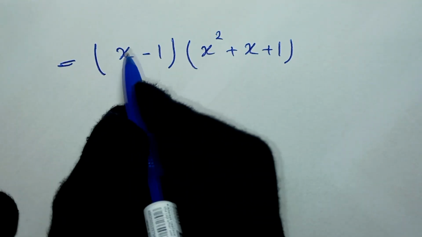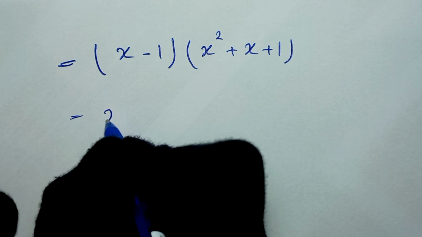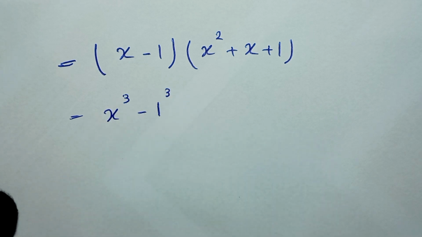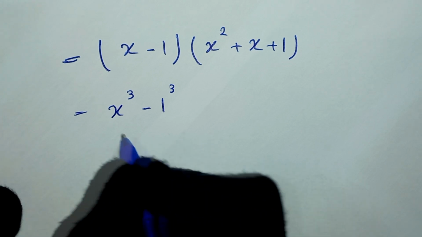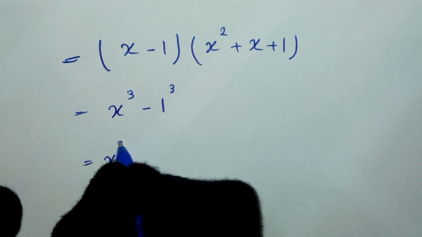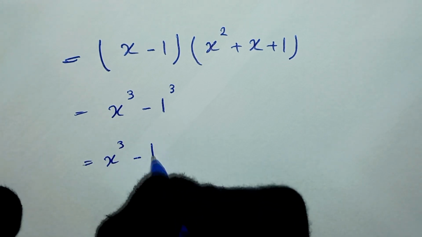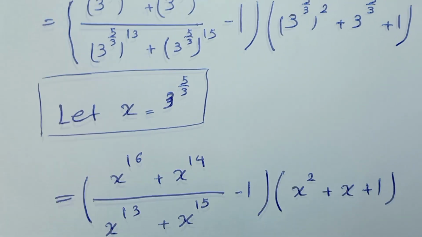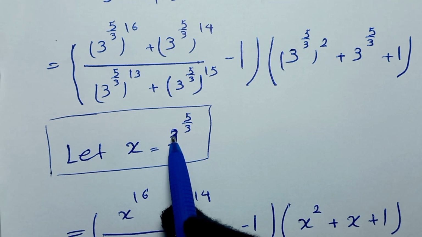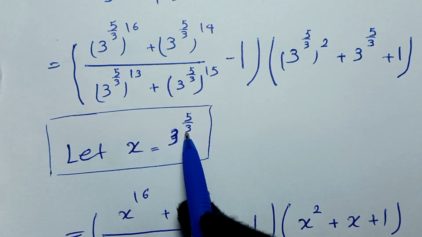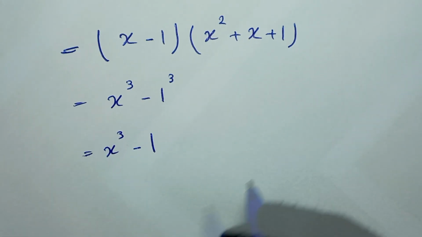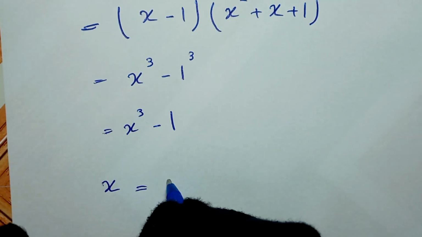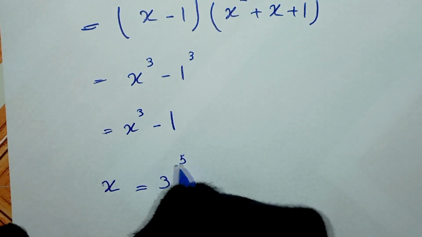And this is in the form of x cube minus 1 cube, right? And this is equal to x cube, and 1 cube is 1, minus 1. And from here, x is equal to 3 to the power of 5 over 3. So we recall x is equal to 3 to the power of 5 over 3.